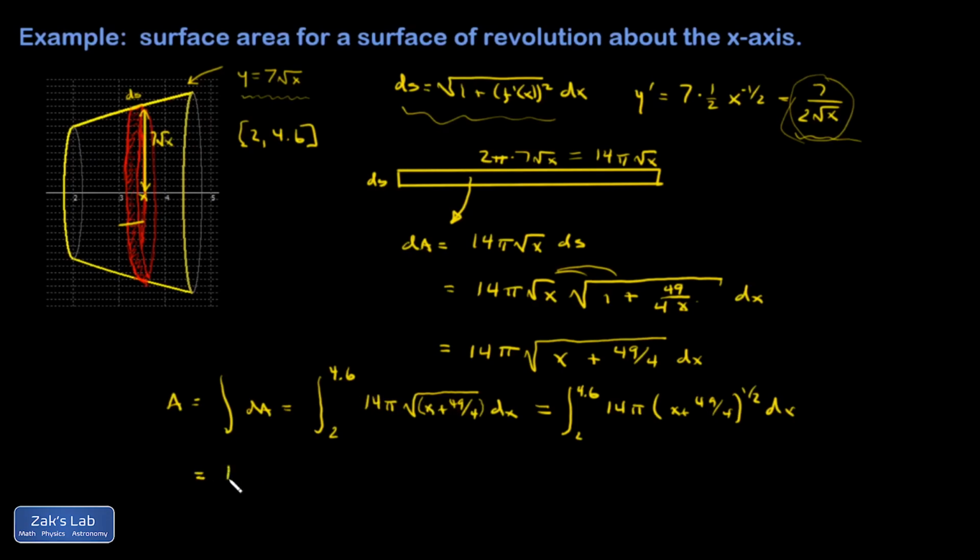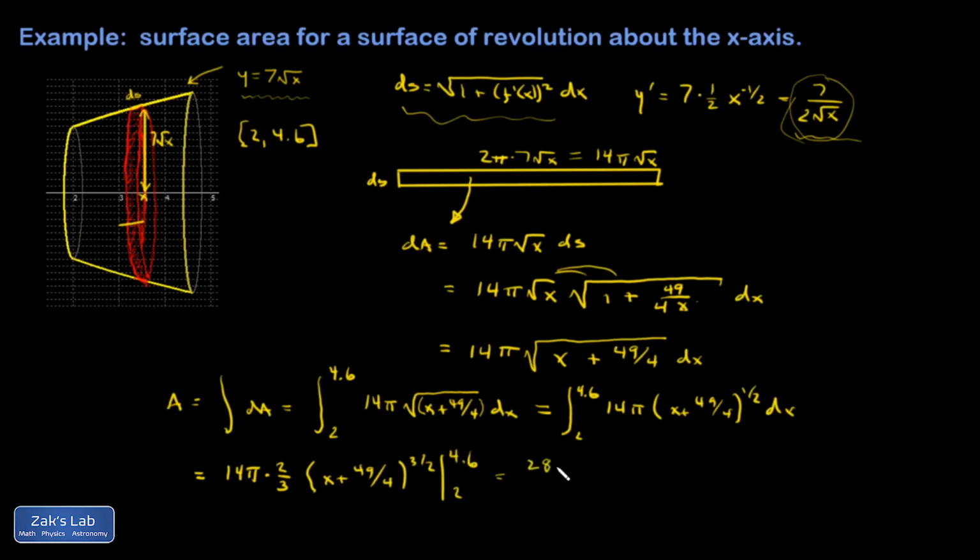So I have, maybe I'll just move constants out in front. I have 14 pi times 2/3, and then I have x plus 49/4 to the 3/2 evaluated from 2 to 4.6, and we're about to wrap it up.